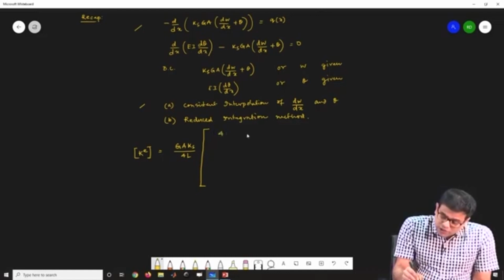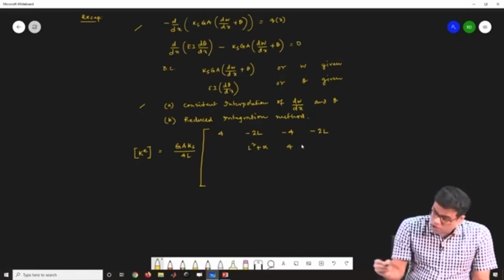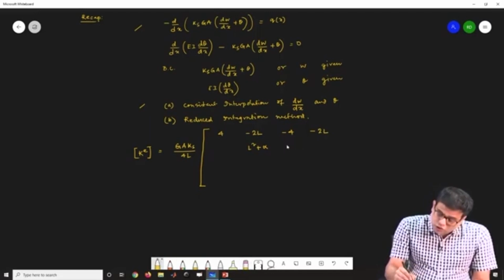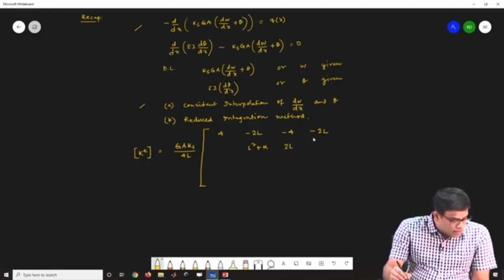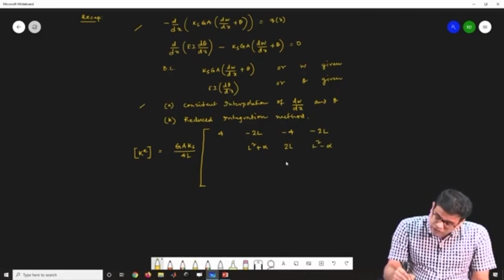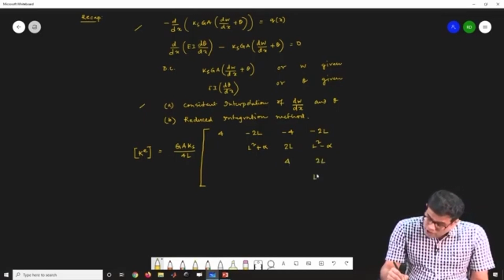So the matrix is 4, minus 2L, minus 4, minus 2L, and then L square plus alpha, 2L, and then L square minus alpha, then this is also 4, then 2L, L square plus alpha.